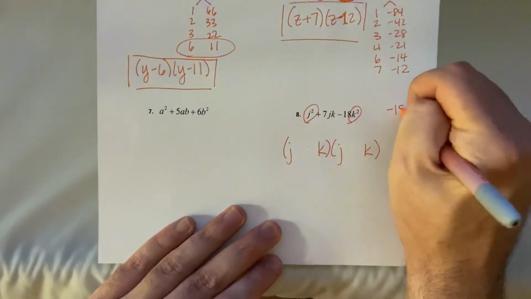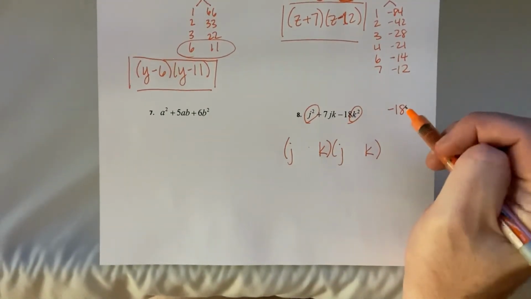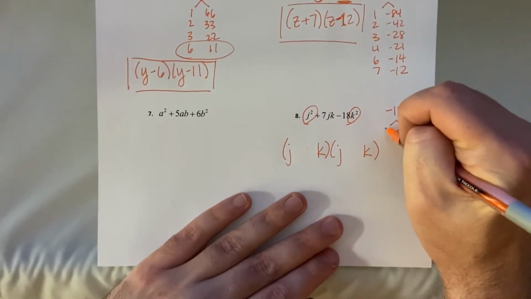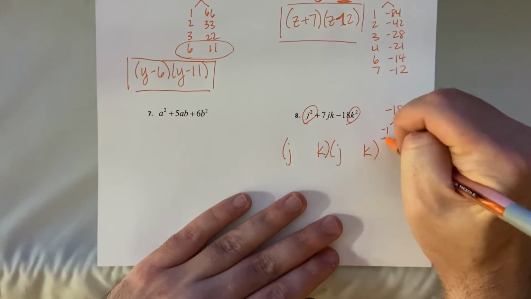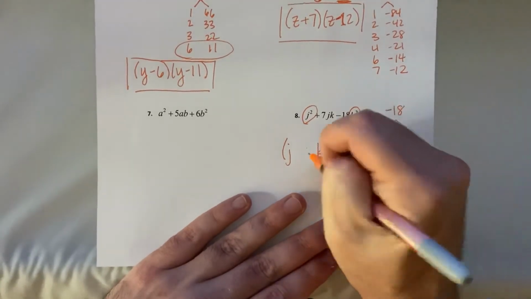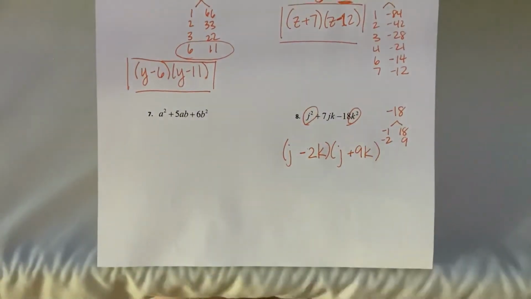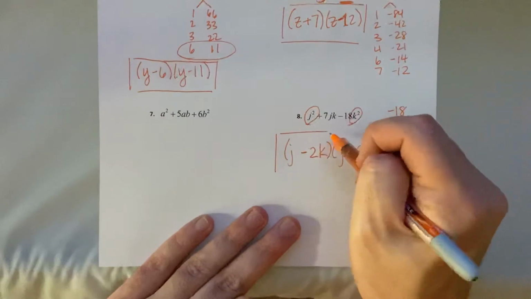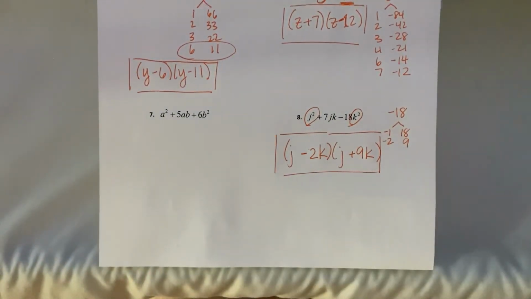So when I'm looking at the factors of negative 18 that add to 7, I know those numbers are actually going to be paired with a k. So we've got negative 1 and 18. Looks like negative 2 and 9 works. So it's j minus 2k and j plus 9k. So just keep that in mind if there's a second variable there. It'll go in with the numbers in the second set.